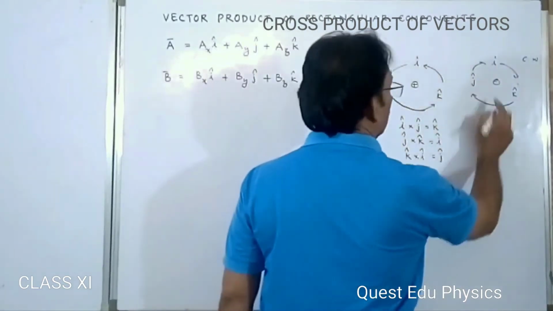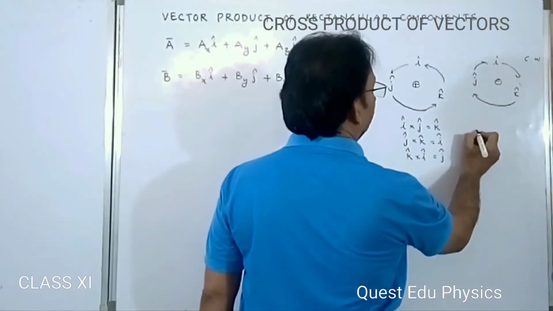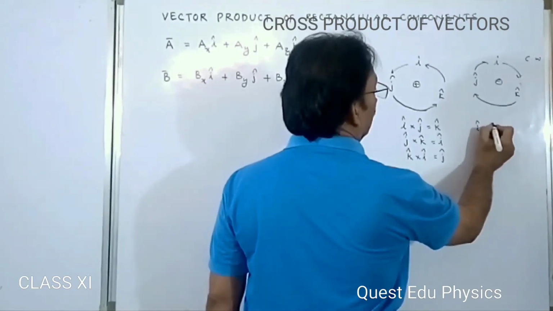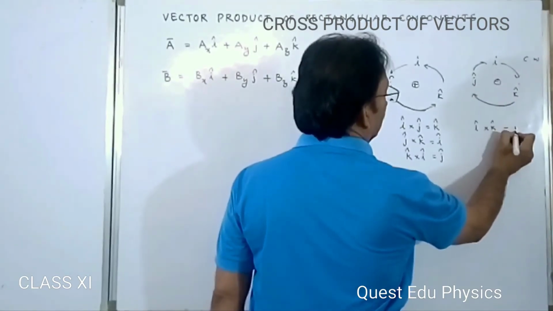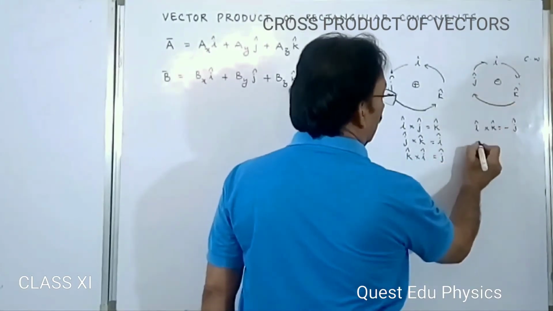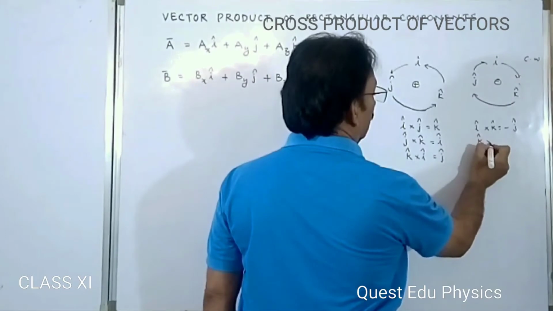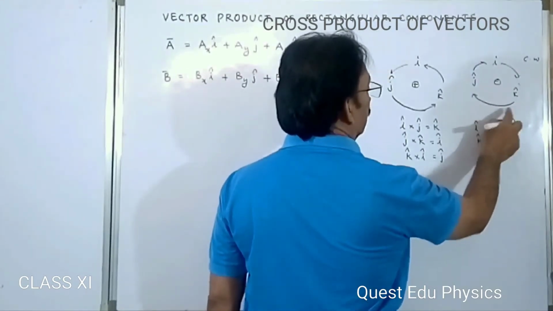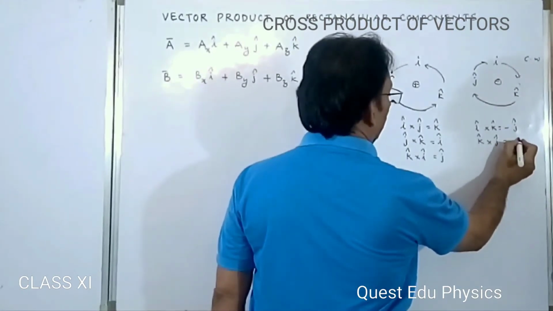Here if you go in this way, we get i cap cross k cap is equal to minus j cap, and k cap cross j cap is equal to minus i cap.